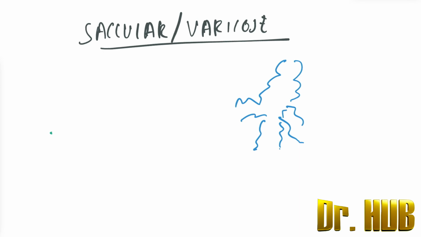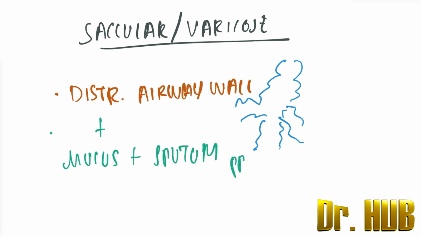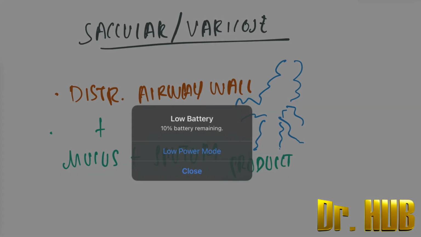In varicose, there's a further distortion of the airway wall, along with more mucus and sputum production.